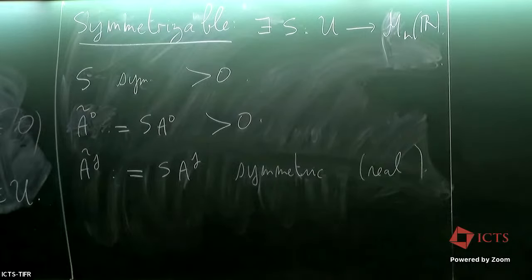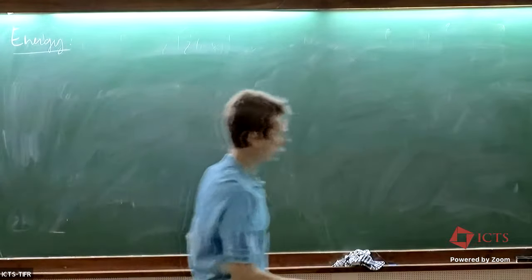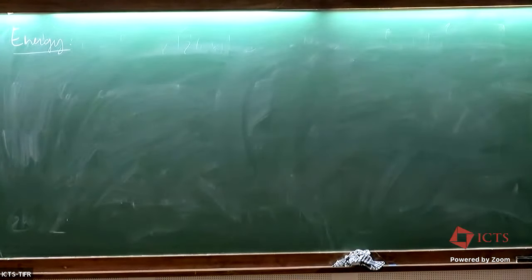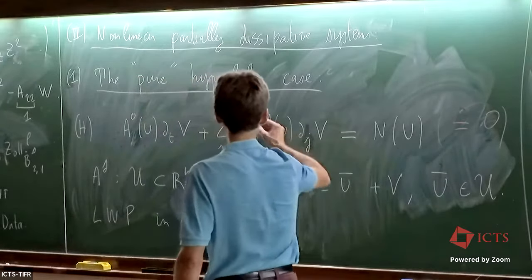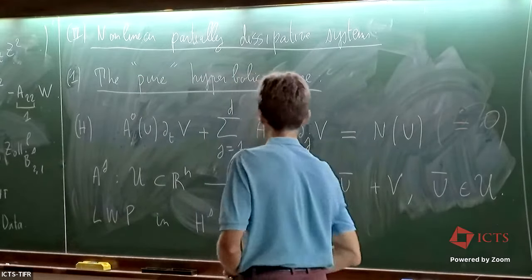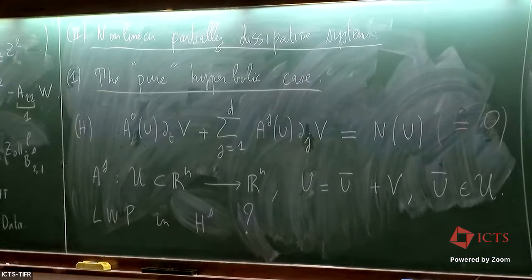So, energy estimate, how could you do that? You take the first equation, you multiply by S, so that once it's multiplied on the left by S, you have only symmetric matrices. This is the reason why S is called a symmetrizer.